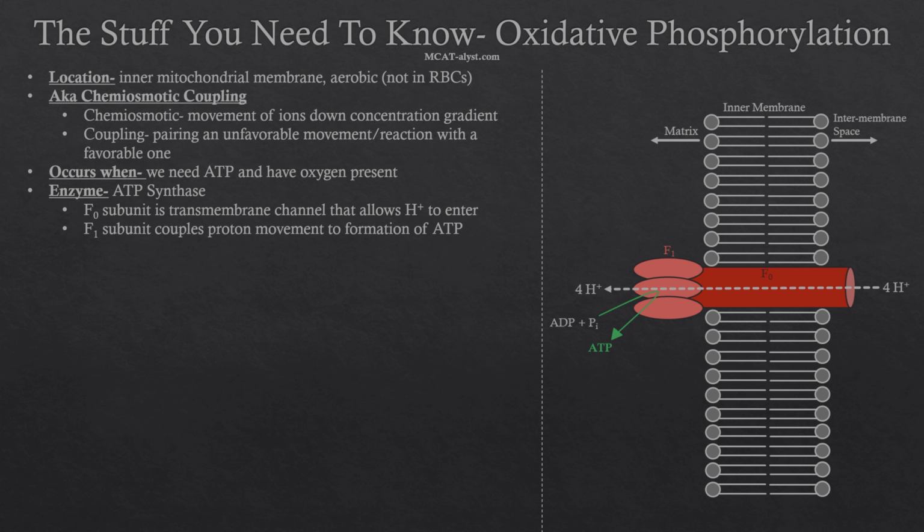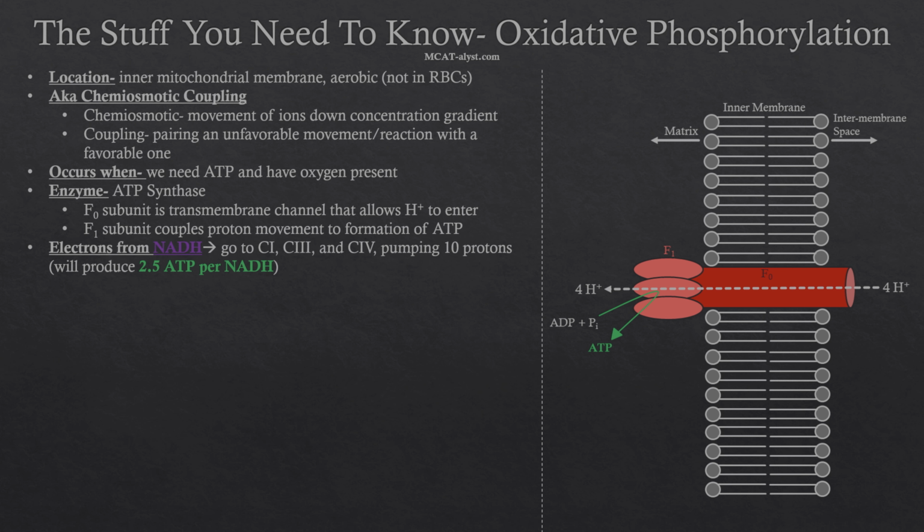The F1 subunit is going to couple this favorable movement of these protons down this tube to the formation of ATP. It's basically going to rotate as these protons move, and that rotation is going to slap a phosphate onto ADP, forming ATP. And just as a reminder, the formation of one ATP comes from the movement of 4 protons.